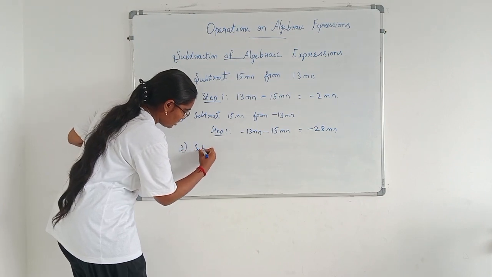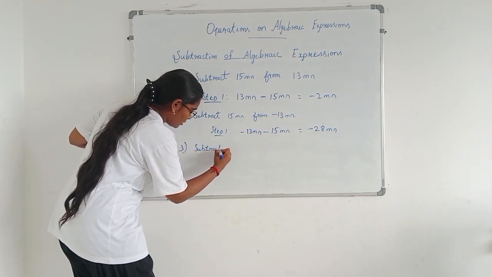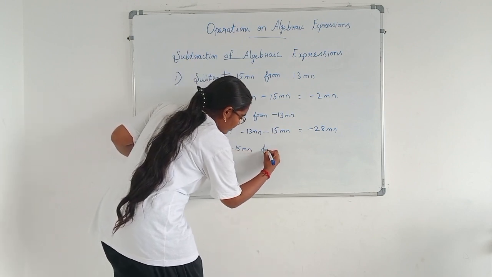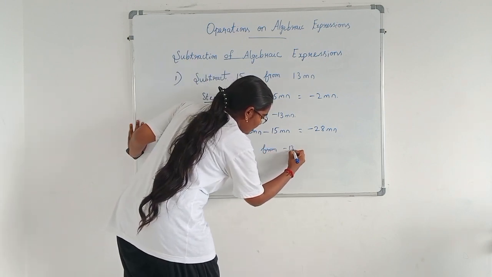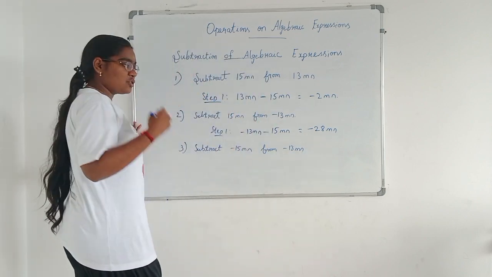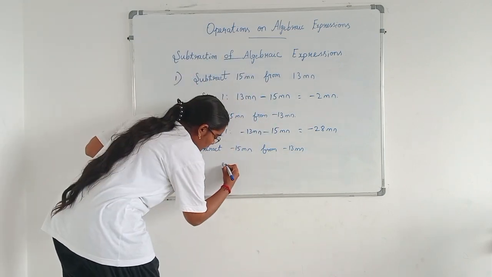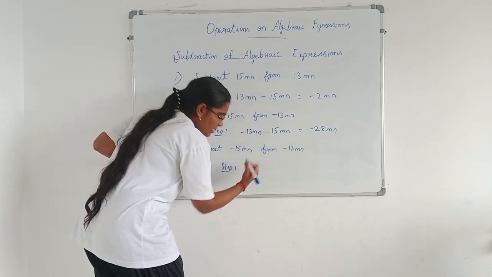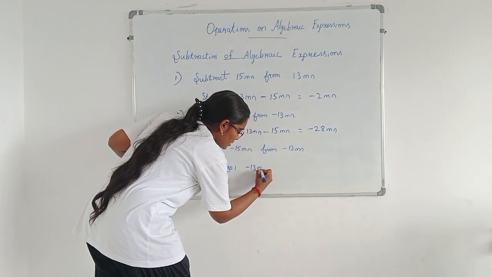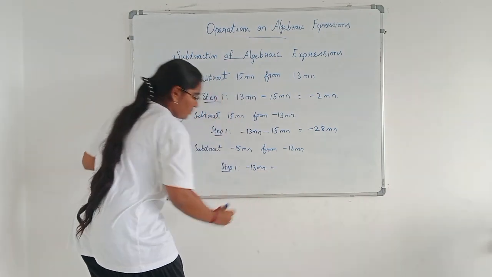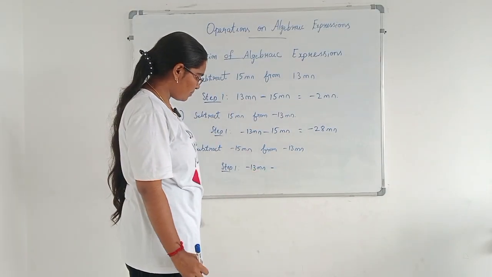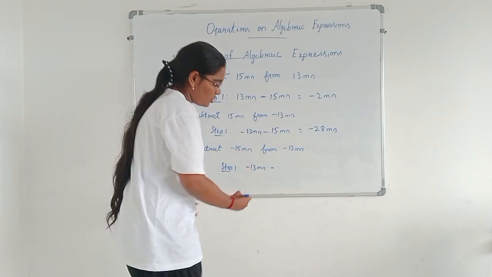Now we can consider another example. Subtract minus 15mn from minus 13mn. So what will you do? Step 1. After "from", minus 13mn is there. So minus 13mn minus, because here it is subtraction. So minus 15mn.